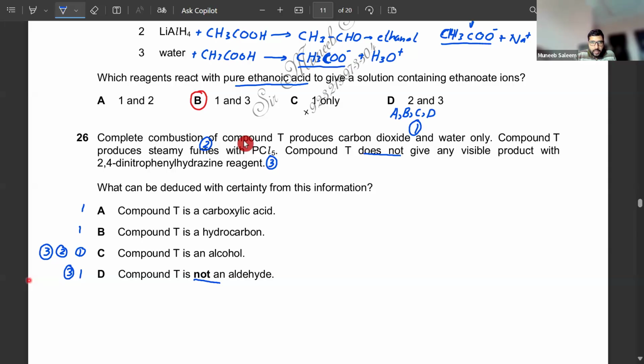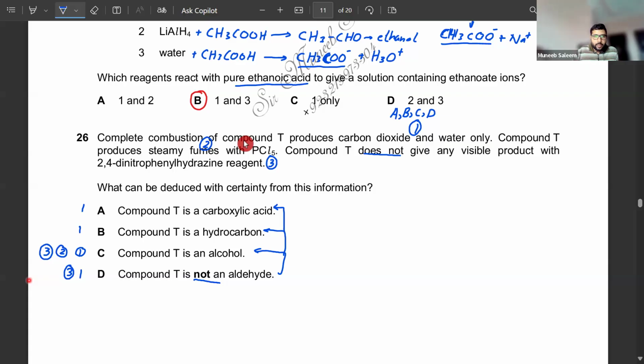Not an aldehyde means it could be any other compound. It could be alcohol, it could be hydrocarbon, it could be carboxylic acid. But alcohol does not react with 2,4-DNPH.